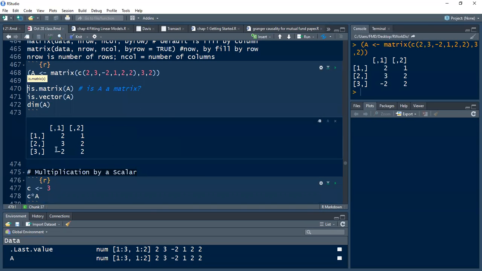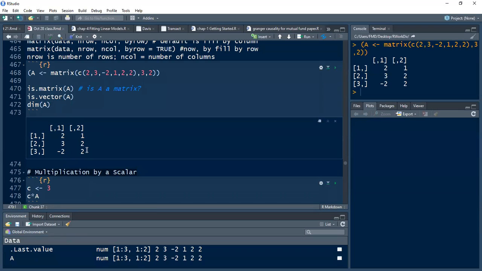So here you have now matrix A. How was the data inputted? The data was inputted by column. See, 2, 3, -2, and then 1, 2, 2.